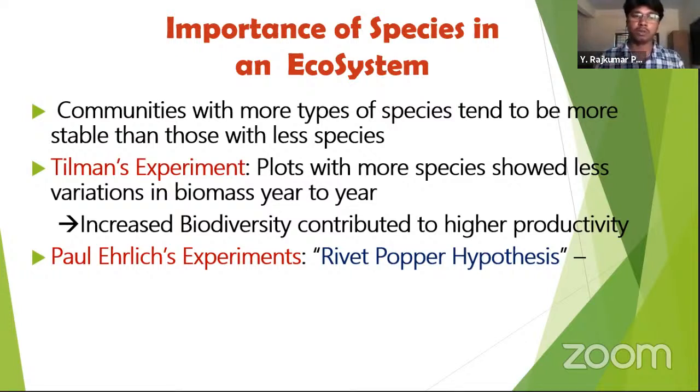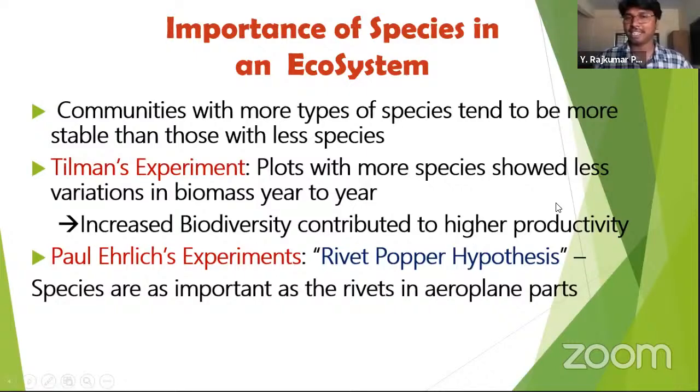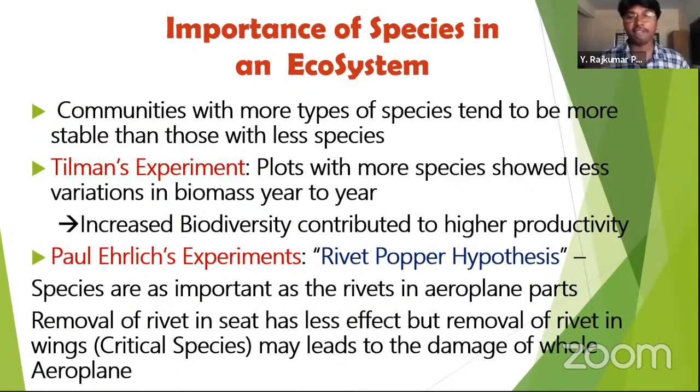So he compared species with the bolts. Why did he compare like that? Let's see. Species are as important as rivets in aeroplane parts. Removal of a rivet in a seat has less effect, but removal of a rivet in the wings may lead to the damage of the whole aeroplane, isn't it? If these nuts and bolts are removed in the seat of an aeroplane, then there will be less effect.